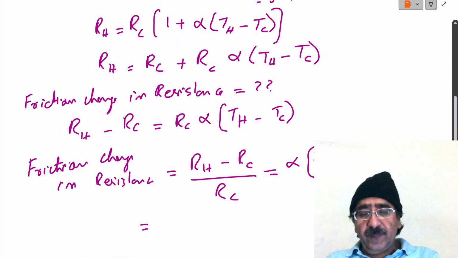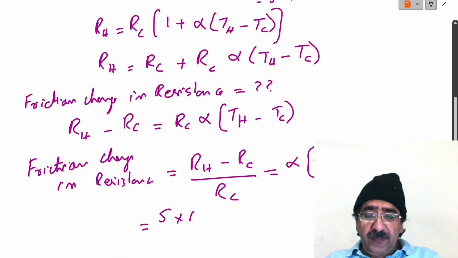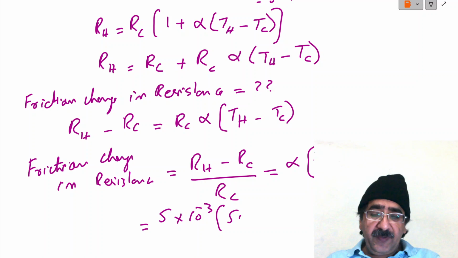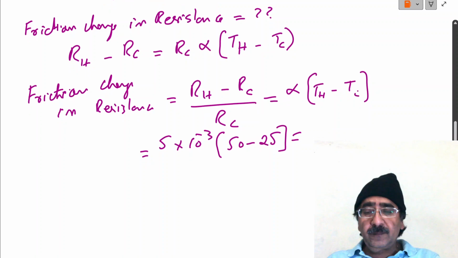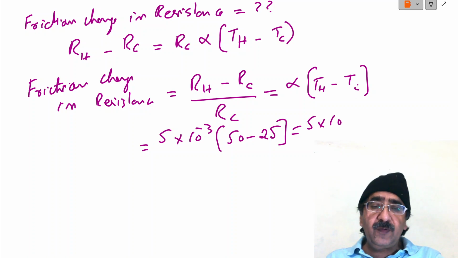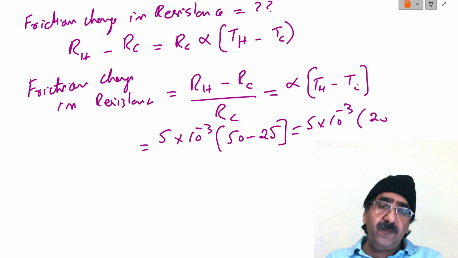Alpha is 5 times 10 raised to power minus 3, temperature 50 minus 25, that is 25.